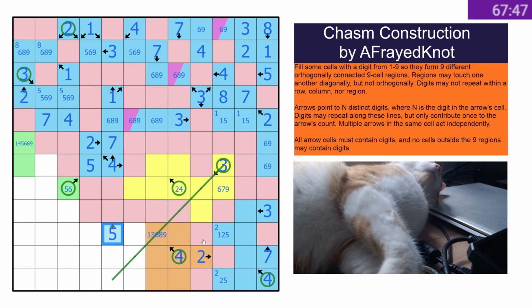This is a 5. 1, 2, 5, triple. So if that was green, that would be 6. It's orange. 1, 2, 3, 4, 5, 6, 7. Orange would do that, which is problematic because of this, isn't it? Because green isn't reaching down there. So that is green.